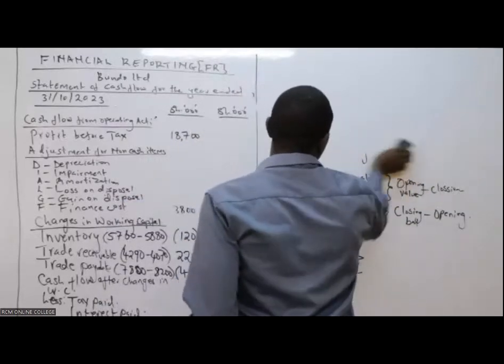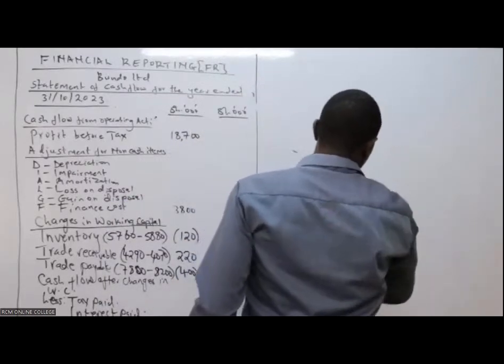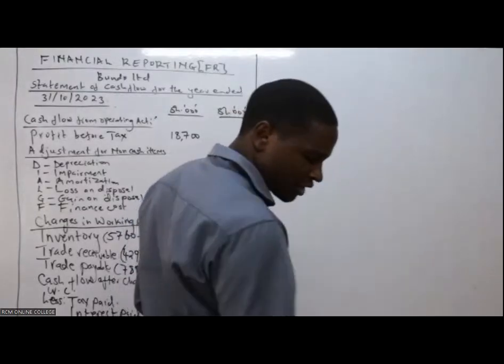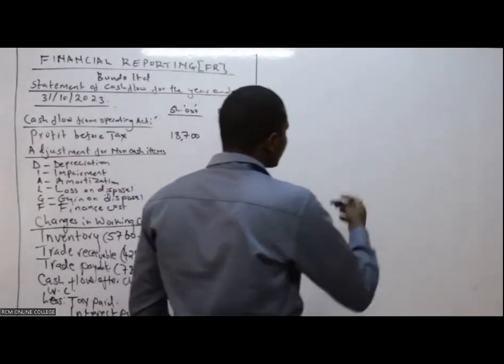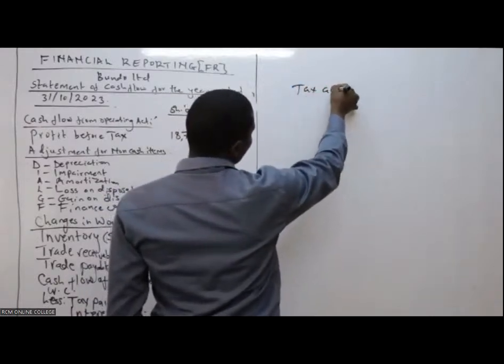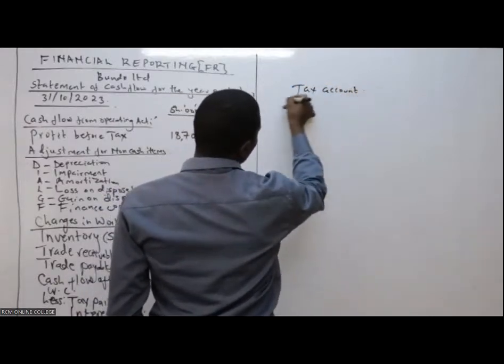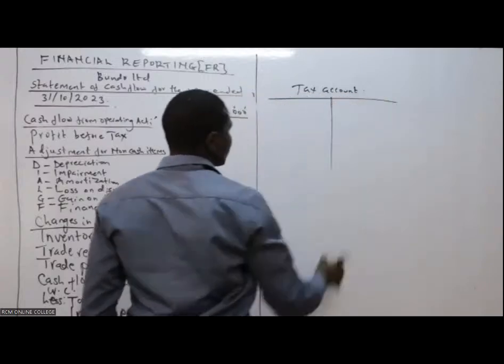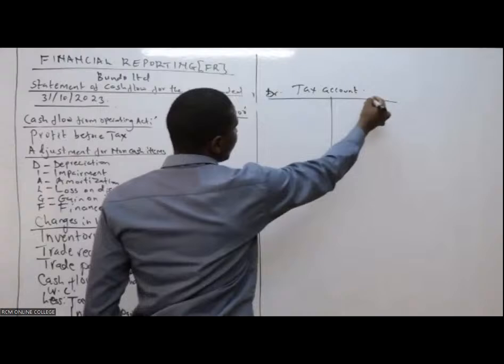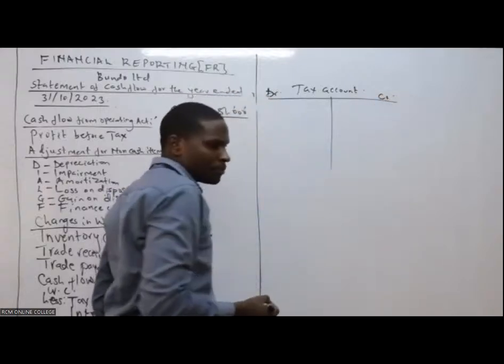To proceed and get what? I want you to be very keen here. Nimeona ziko. Tax. At the account, this debit side, this credit side. Can you tell me?